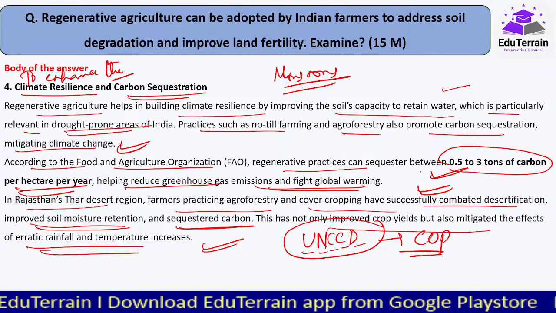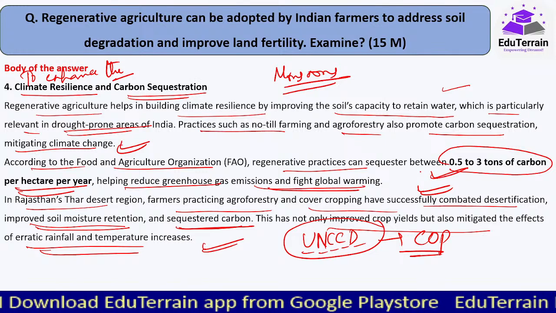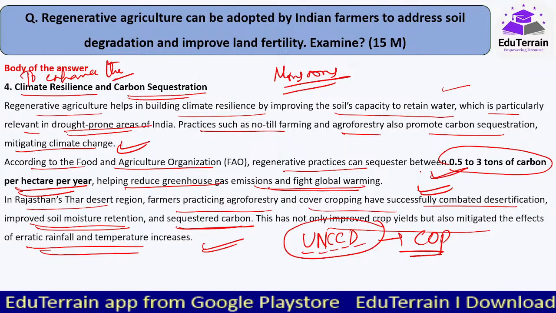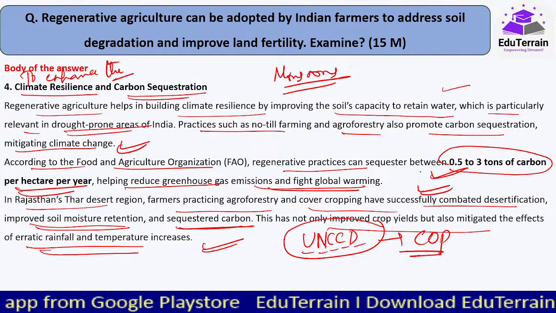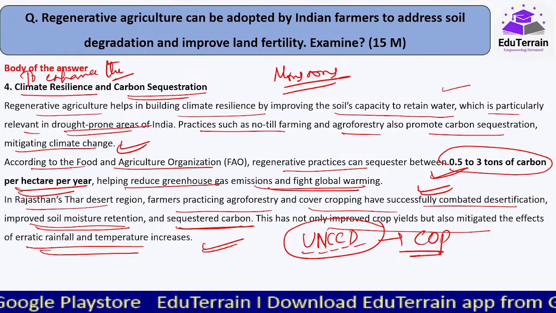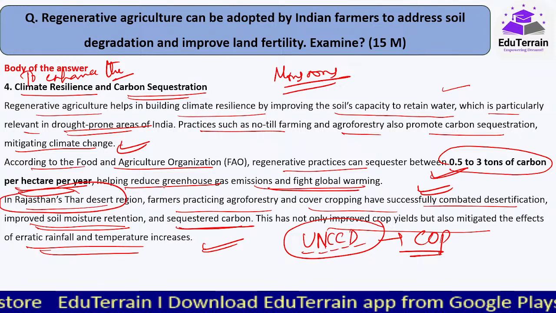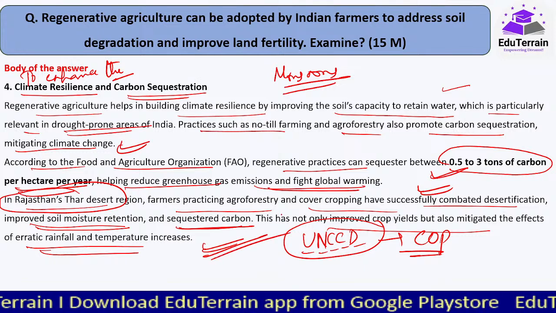He rode the bike and tried to increase awareness about the importance of saving the soil among the masses, right? So in that convention they highlighted the success story of Rajasthan's Thar desert region. India had highlighted this. From that only I have taken this.